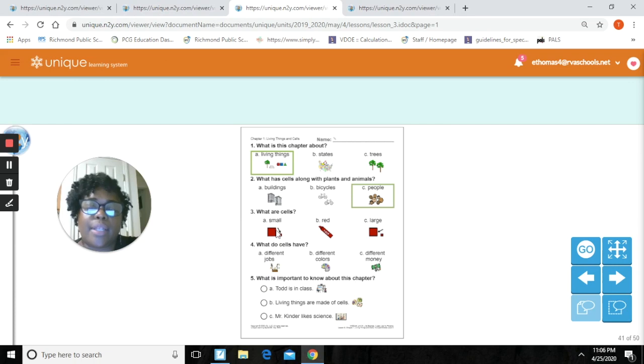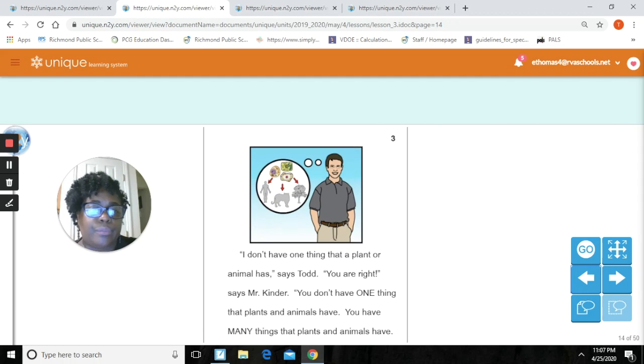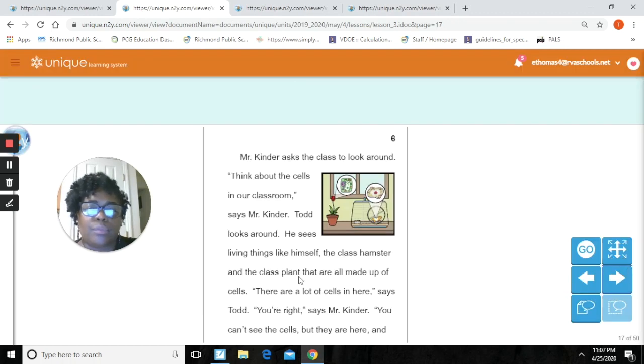Okay. Our next question says, what are cells? A, small, B, red, or C, large? So now, let's go back to this page, okay?